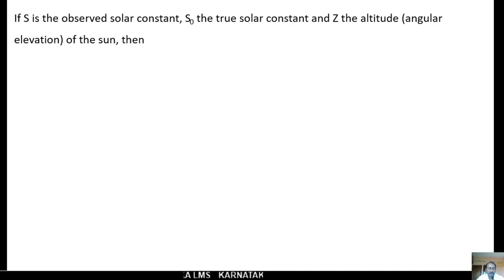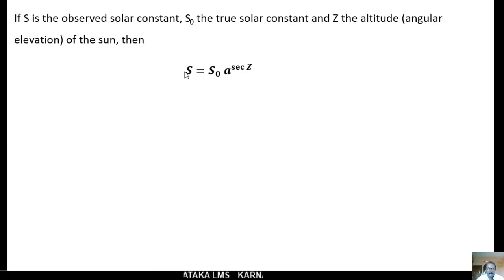If S is the observed solar constant, S naught the true solar constant, and Z the altitude or angular elevation of the sun, then the formula is given like this.